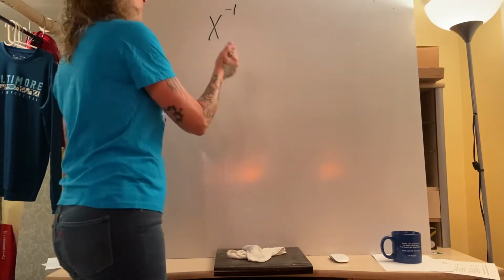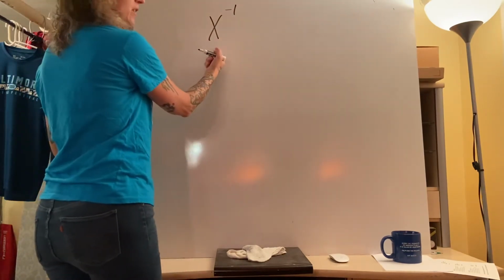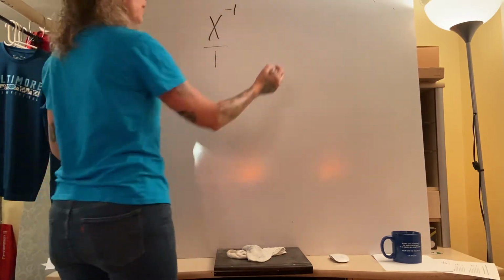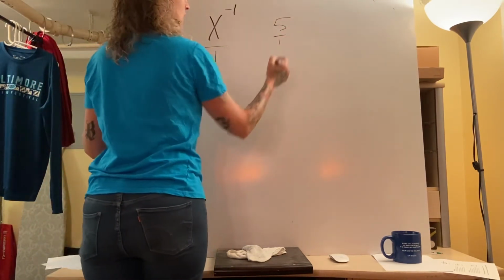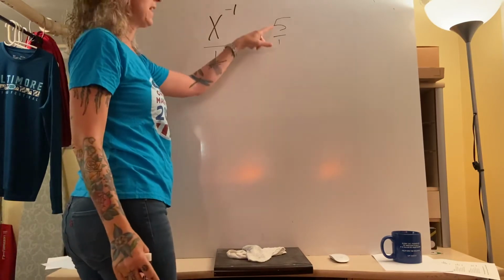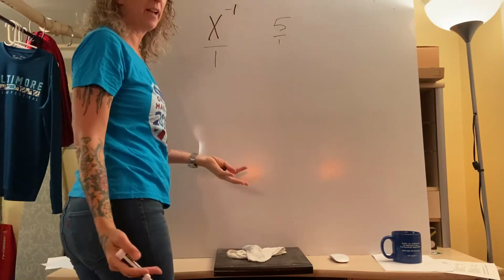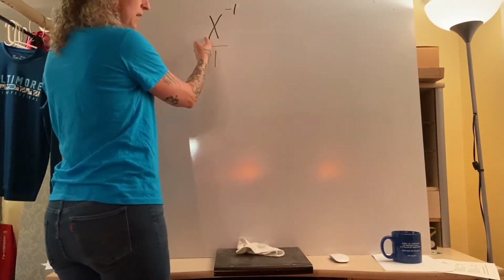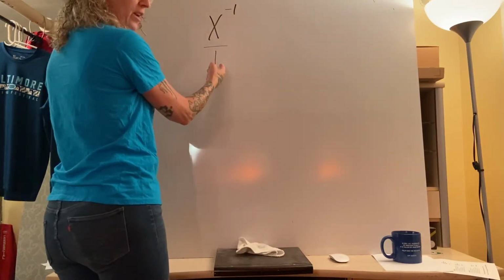So any number or variable is automatically over 1, right? So if you have 5, you can also write it as 5 over 1 because any number divided by 1 is just itself. So any variable, which stands for any number, you can write it over 1.